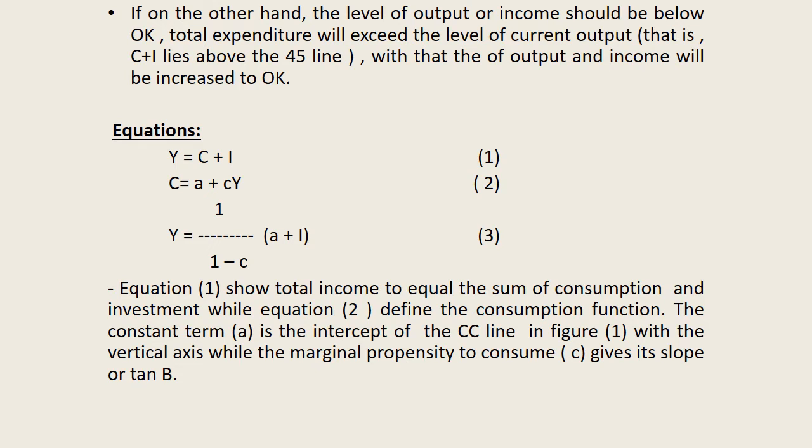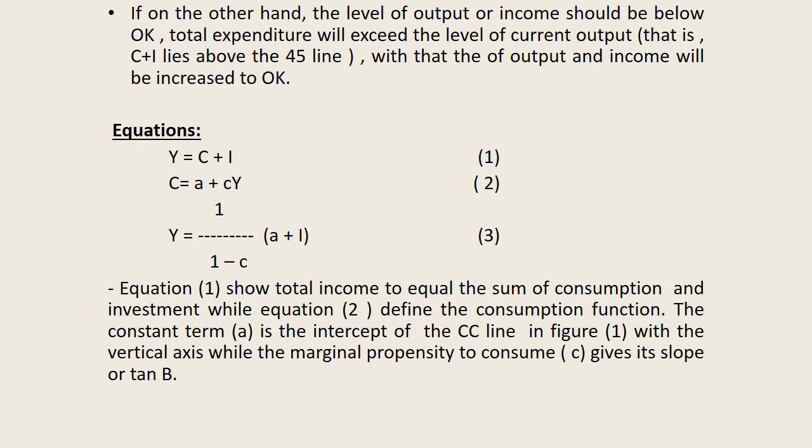The third equation is Y, income, equals 1 over 1 minus c, all multiplied by a plus I. Again, equation 1 shows total income should equal the sum of consumption and investment, while equation 2 defines the consumption function.